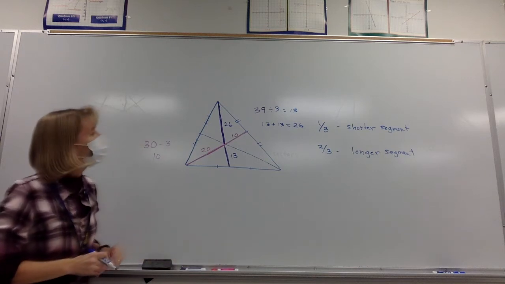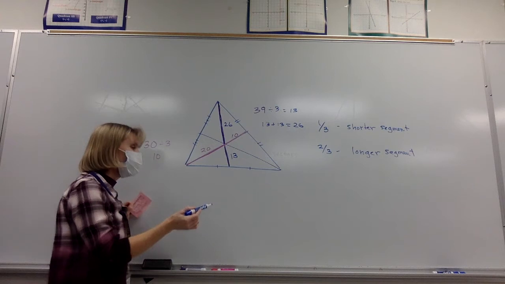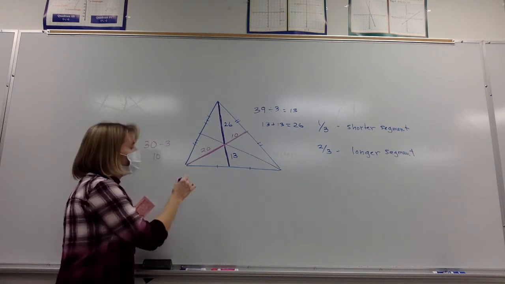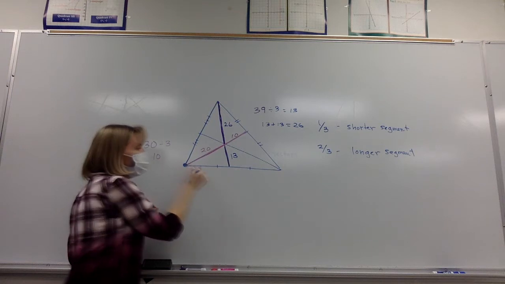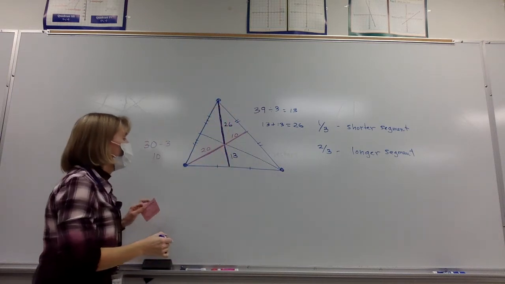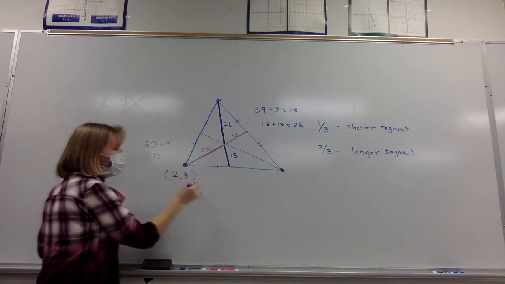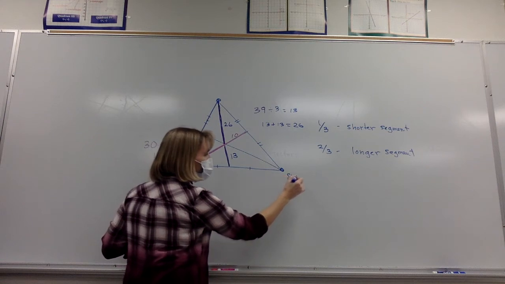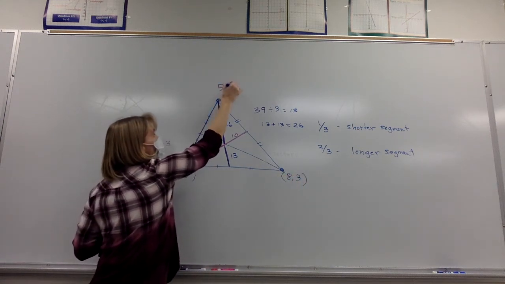Okay, and then one other thing that I'm not sure we talked a whole lot about is when you're looking at a graph. If I were to put this on a coordinate plane where I can tell you what the coordinates of these vertices are, let's say this is 2, 3, this is going to be 8, 3, and this would probably be something like 5, 12.